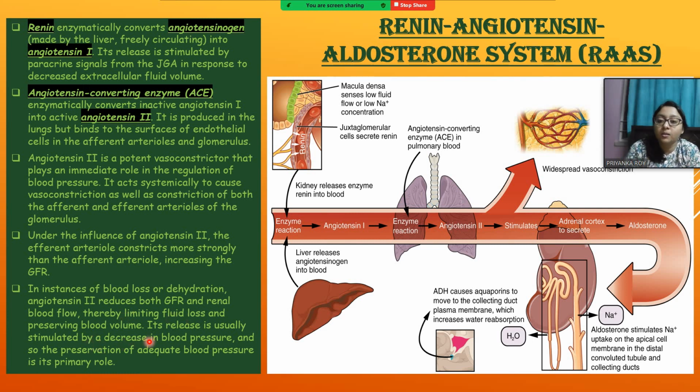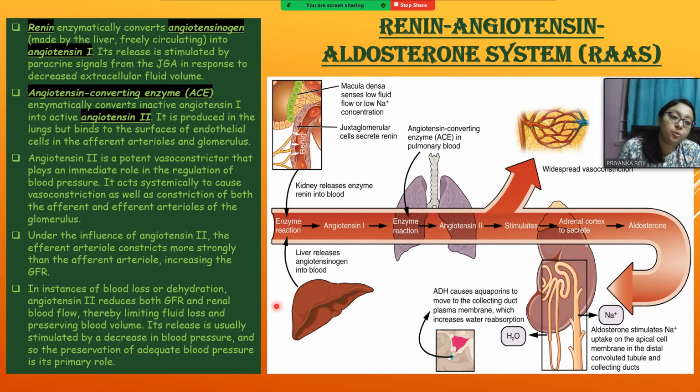So when there is blood loss in the body, or when we are going through a period of dehydration, angiotensin 2 acts upon the blood vessels and reduces the blood flow in both afferent and efferent arterioles. Therefore there will be less fluid in the glomerulus, less urine will be produced and less water volume will be lost. Its release is stimulated by a decrease in blood pressure, and so the preservation of adequate blood pressure is its primary role. So what happens to the angiotensin 2 then?